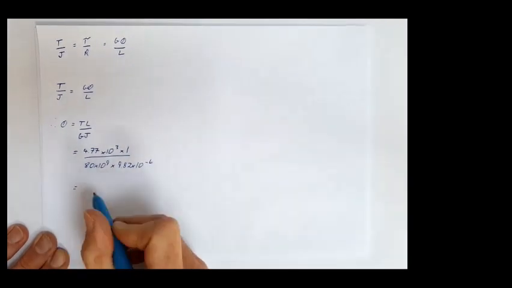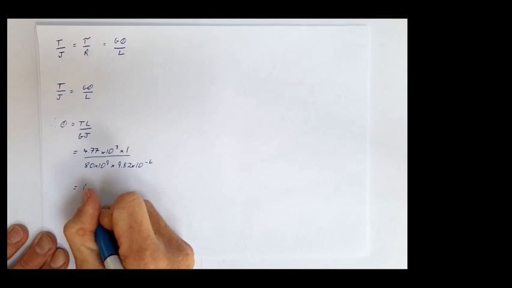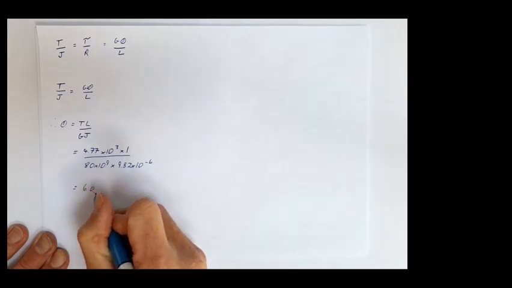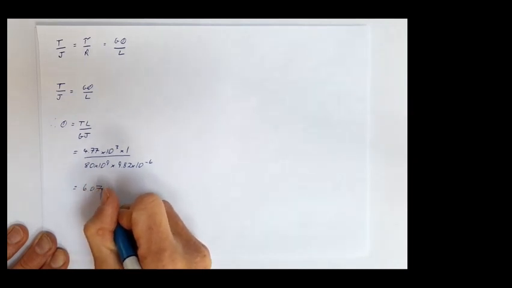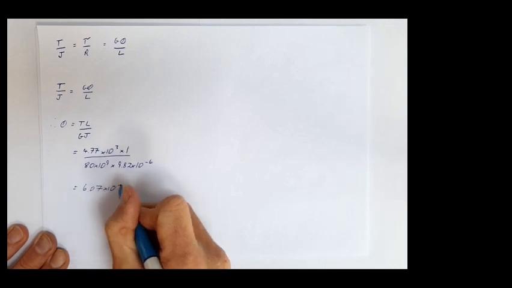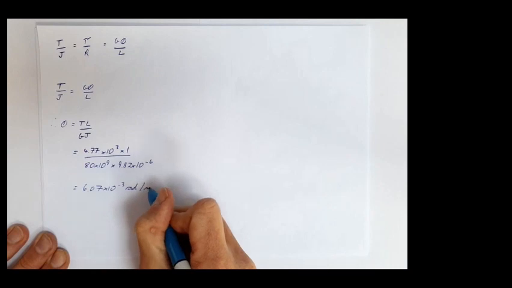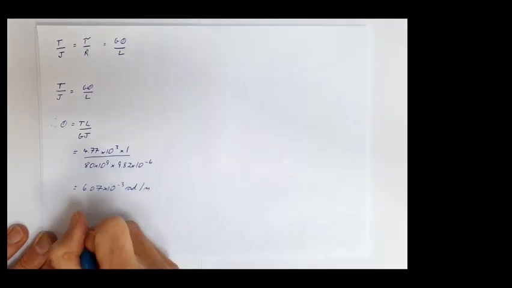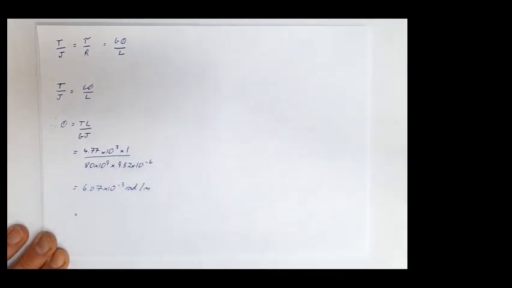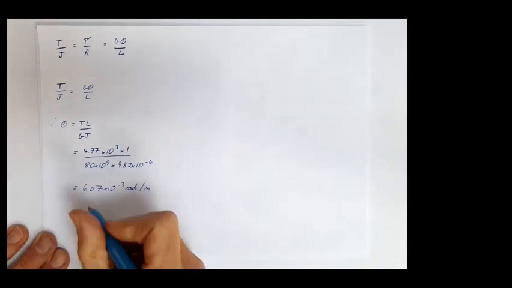And if we calculate that, we get 6.07 times 10 to the minus 3 radians per meter.